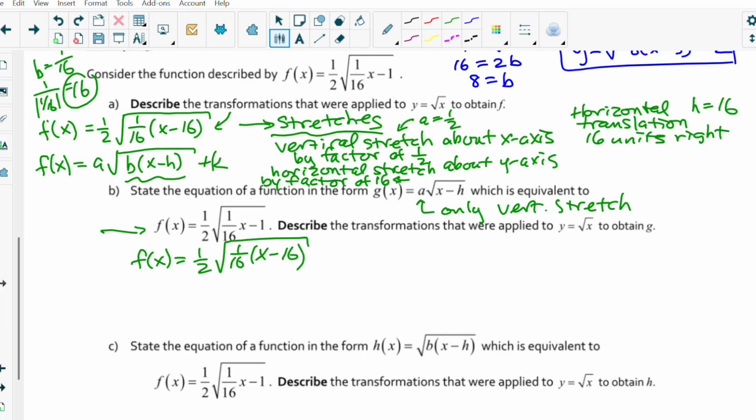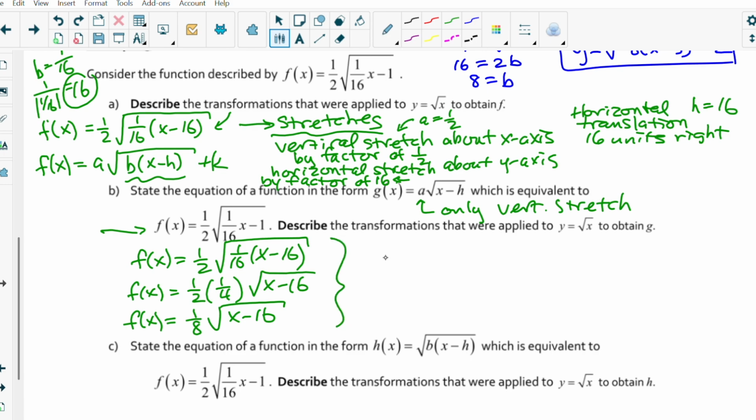The square root of 1/16 is 1/4, and I'm left with x minus 16 as the radicand. So my other way to write this is 1/8 times the square root of x minus 16.